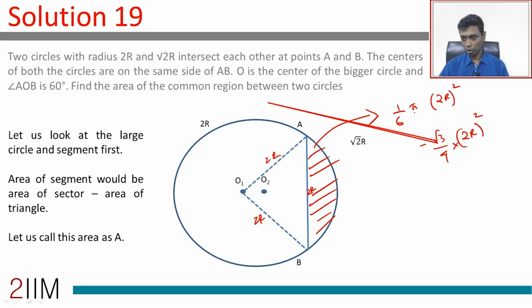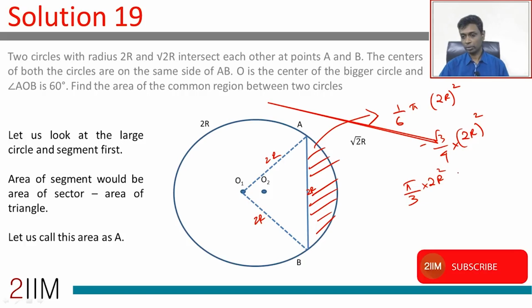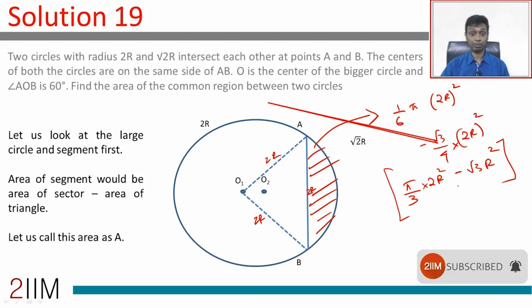And so this is pi by 6 into 4r square, or pi by 3 into 2r square, minus root 3 by 4 into 4r square, which is root 3 r square. This is the area of the small segment here, the minor segment of the large circle. And pi by 3 into 2r square, because this is 1/6 of the circle, the angle in between is 60 degrees, 60 by 360, 1/6 of pi r square, radius is 2r. We've got this down.